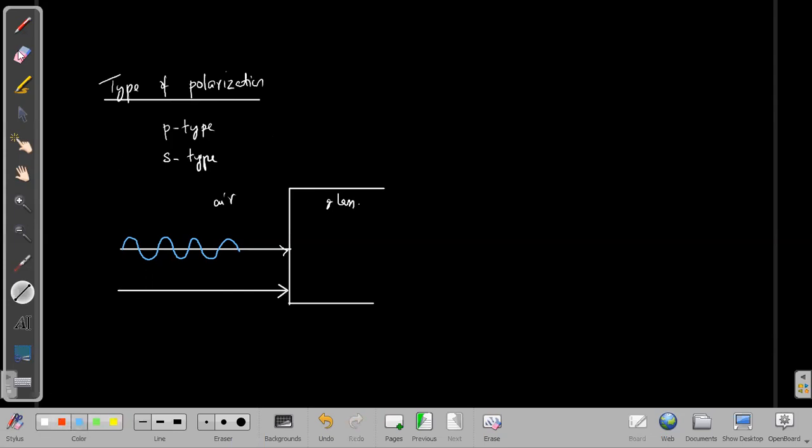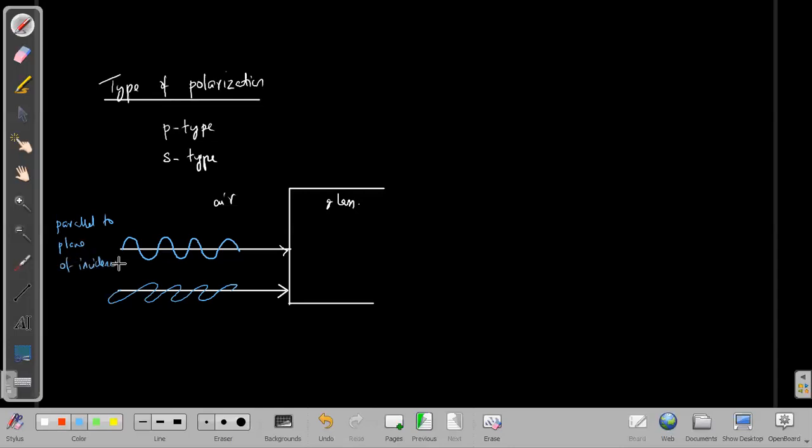Another type is the electromagnetic wave can oscillate along this direction. Now in the case of the first one, the direction of oscillation of electric field is parallel to the plane of incidence.